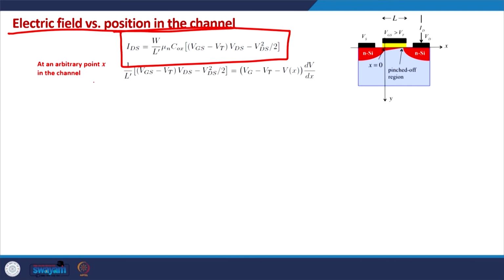At an arbitrary point in the channel, this current is always constant, uniform through the channel in steady state.